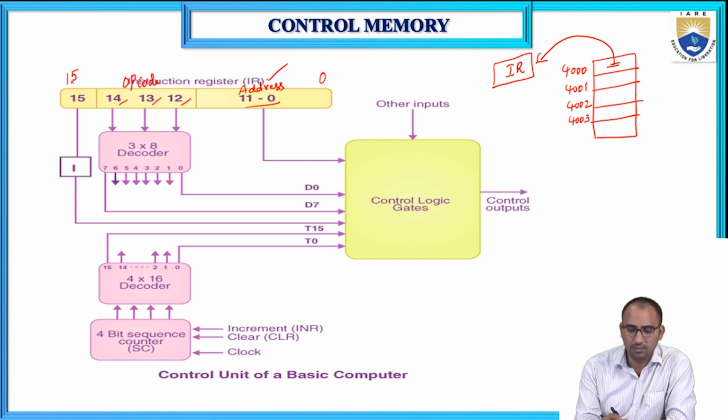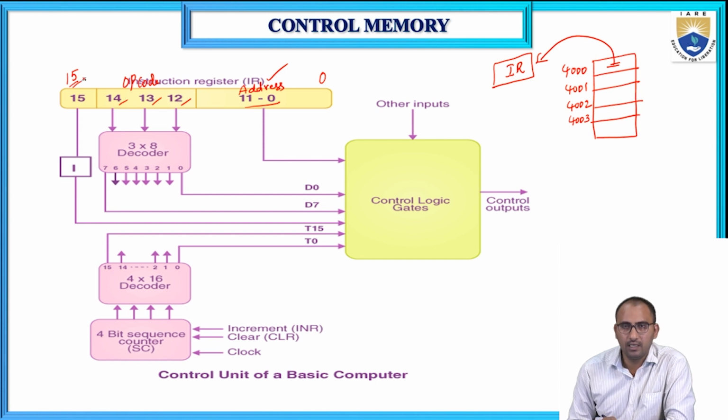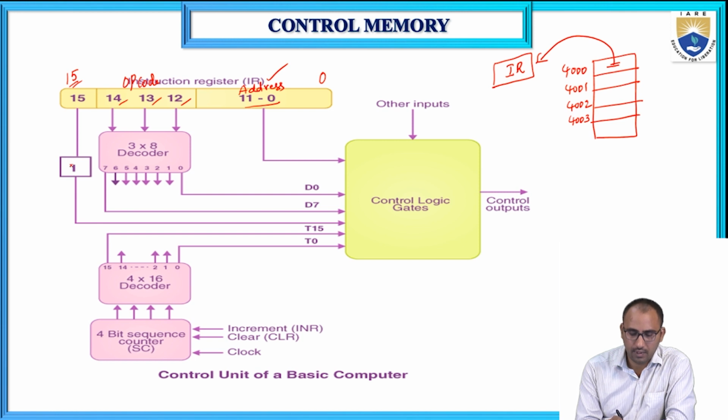And coming to the last bit, that is the 15th bit, that is the indirect bit. That can be represented with I. I means indirect bit, or we can also call it the extended flip-flop. So I specifies the type of the instruction, whether it is a memory reference instruction with direct address or indirect.